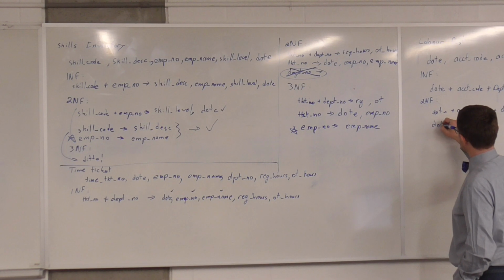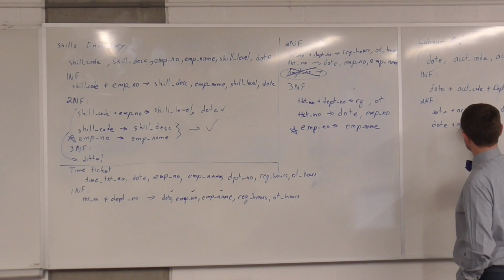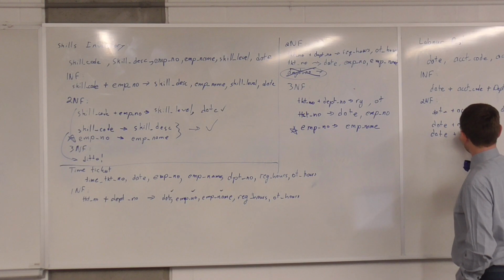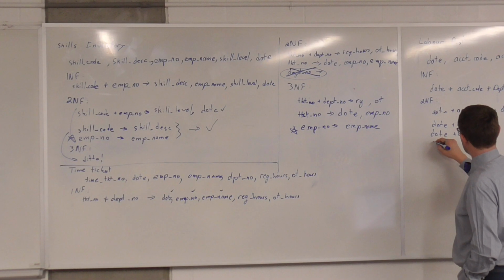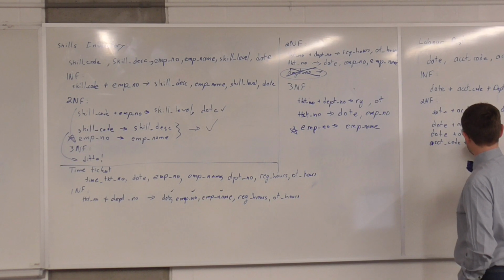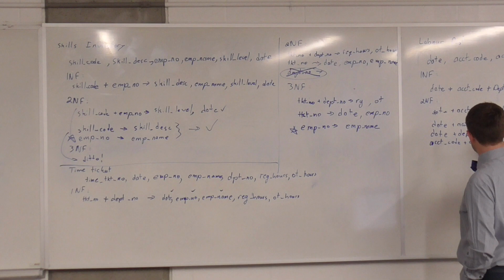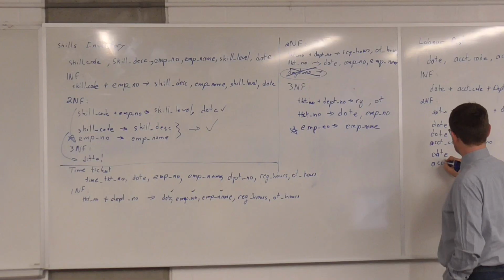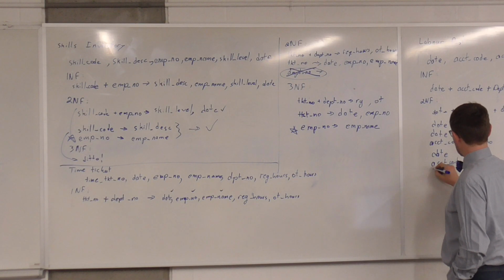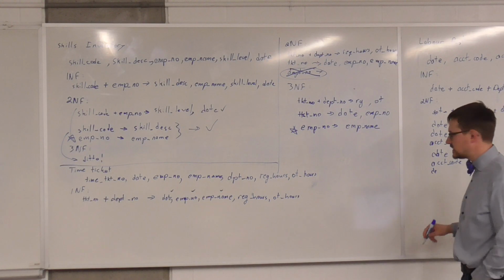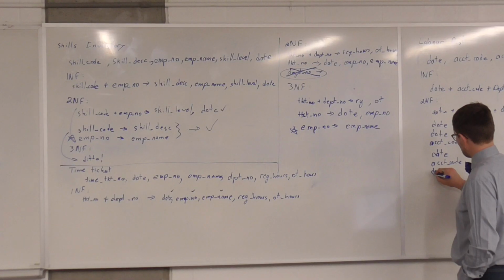We end up with date plus account code, date plus department number, and then we also end up with account code plus department number, and then in addition to date, account code, and department. And before you ask me if there's one this complicated on the exam, I don't know.